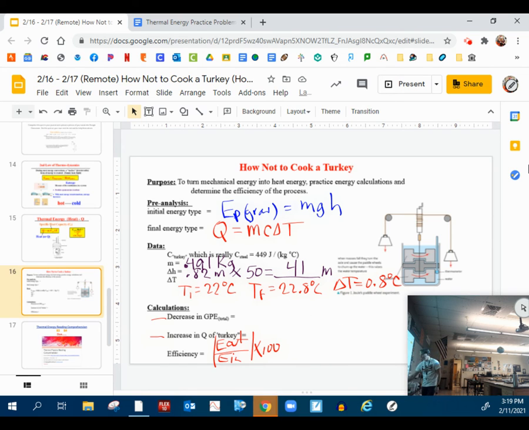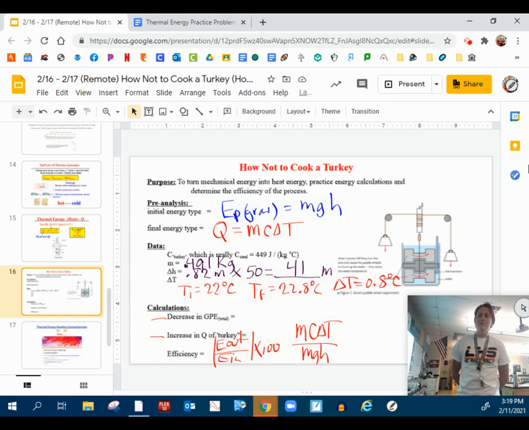Now the output in this case is going to be actually your temperature, that's what I should have said. And your input of energy was mgh. Okay, so go ahead and do your calculation, find out what your efficiency was, and we're going to compare that with our groups next class.